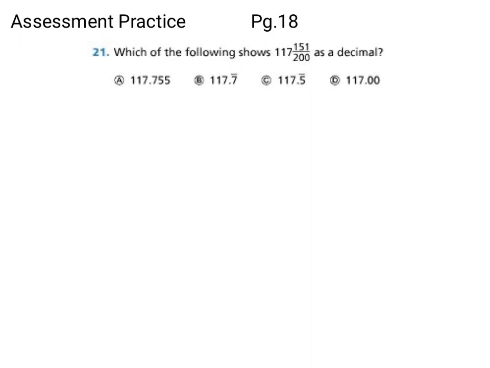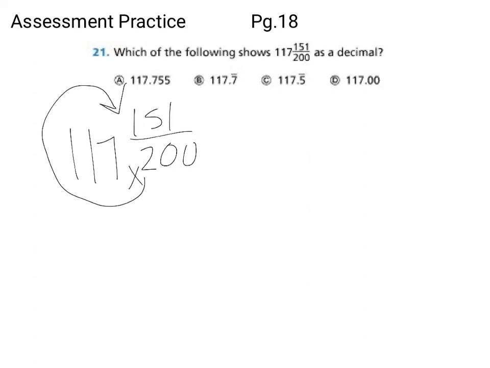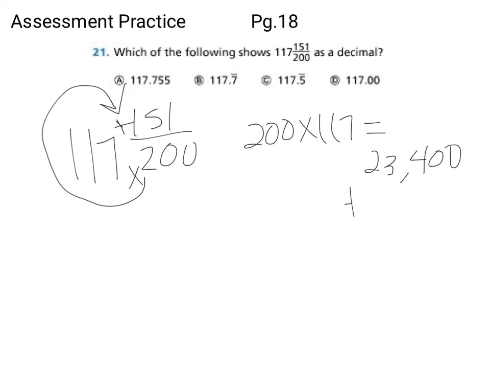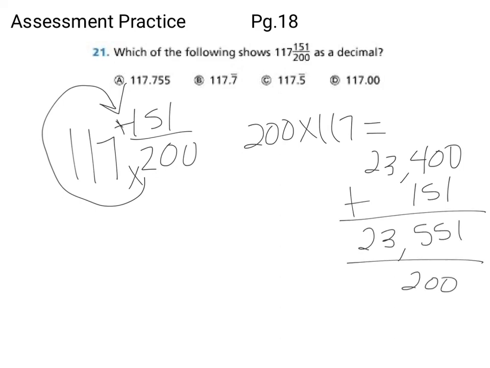We use our backwards C. We do 200 times 117 plus 151. So 200 times 117 is 23,400 plus 151 is 23,551 over 200. So our new fraction is 23,551 over 200.